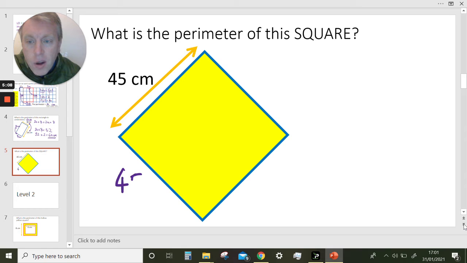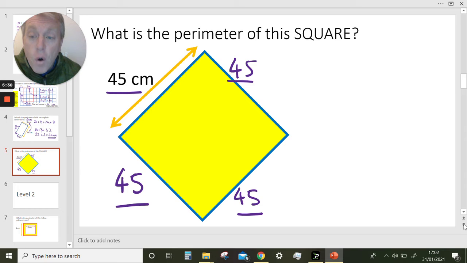Well, I know that in a square, all four sides are the same length. So if one side is 45 centimetres, which is what this arrow means, all the sides are 45 centimetres. And I've got 45 once, twice, 3 times, 4 times 45.